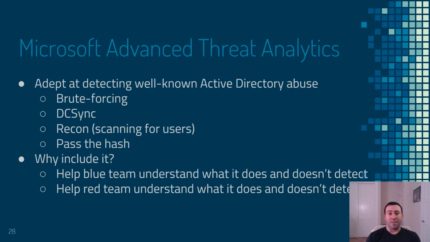Microsoft ATA does a bit more behavioral analysis as opposed to this sort of file-based on-disk antivirus analysis, and is designed to identify commonly used tools and techniques to enumerate and exploit Active Directory. Although ATA is not open source, I think it's important for defensive security experts to know what sorts of techniques ATA is capable of detecting and how those techniques could potentially be bypassed. In the same vein, I think it's important for offensive security experts for the same reasons.